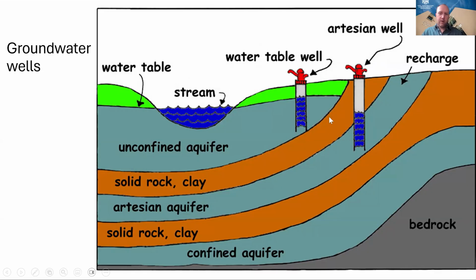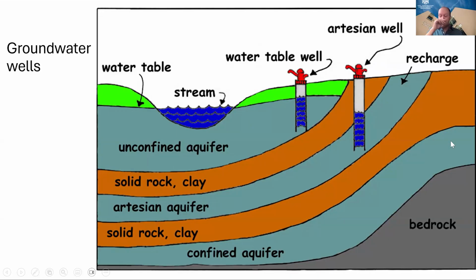These are both aquifers that are unconfined, meaning they are accessed from the surface. Here there's a stream that is contributing water into this aquifer, and here there's rain falling in this area that is recharging this aquifer right here. And then below this is a confined aquifer.